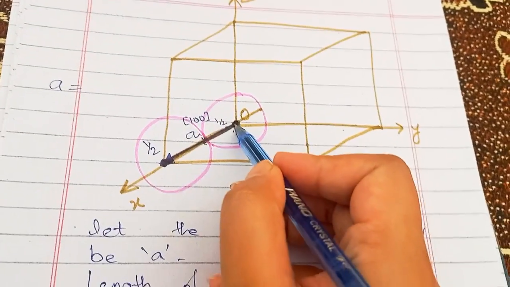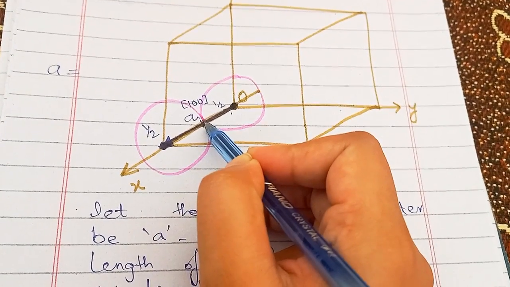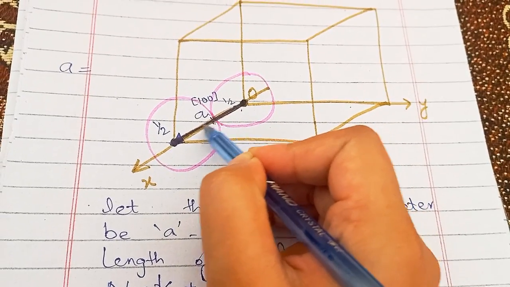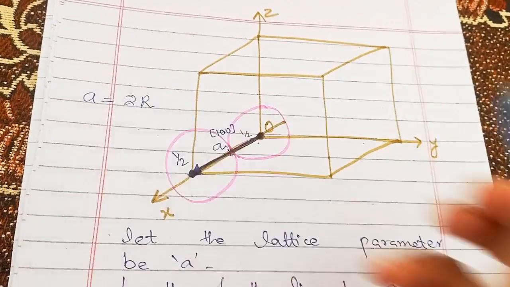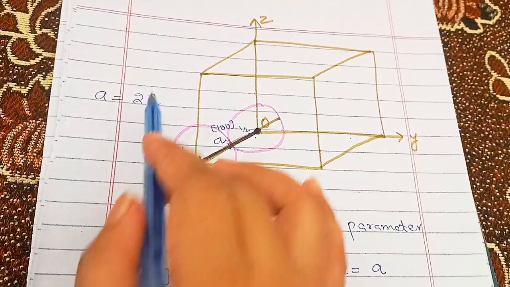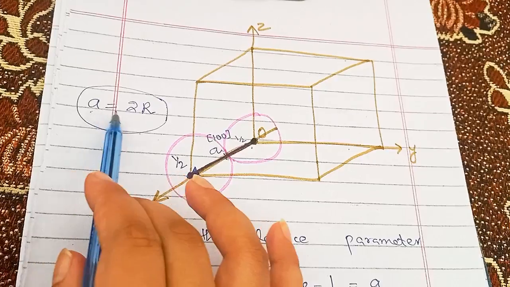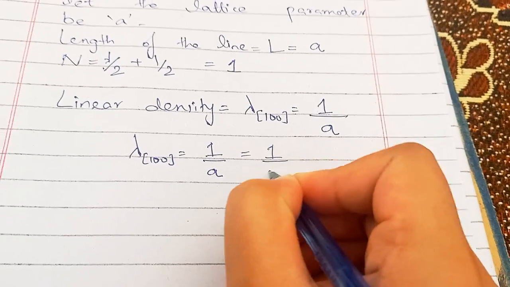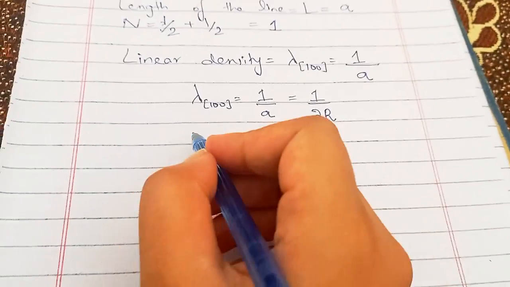This is the lattice parameter, which is completely a, and this is 1r and this is 2r. This distance is r and this distance is also r, so it's a total of 2r. For simple cubic structures this relation is always true, that the lattice parameter is equal to double the atomic radius. So you can simply put it right here to get the linear density in terms of atomic radius. Both of them are correct.